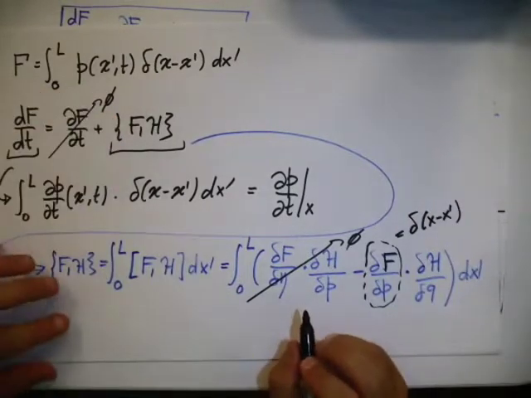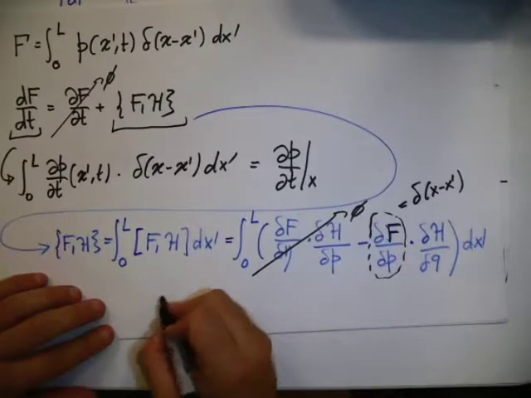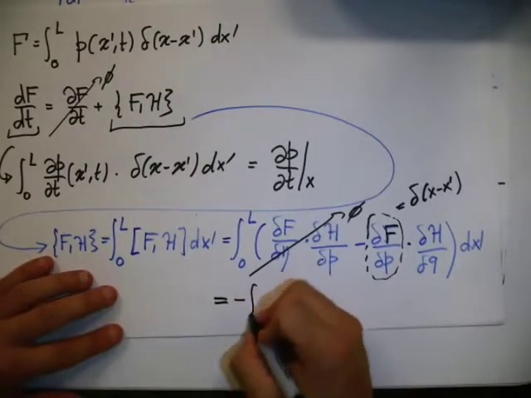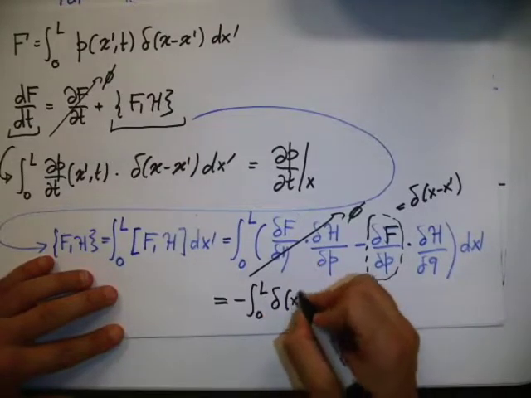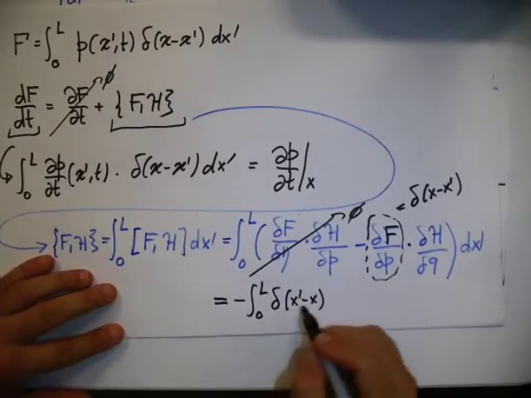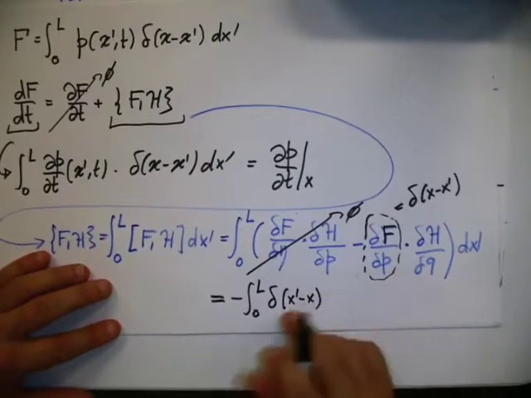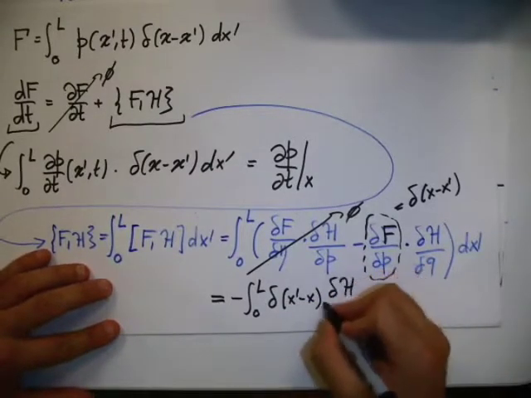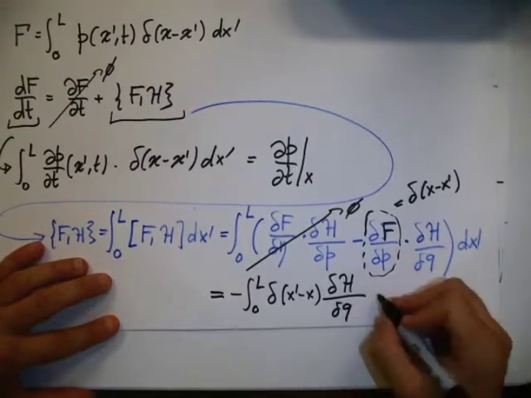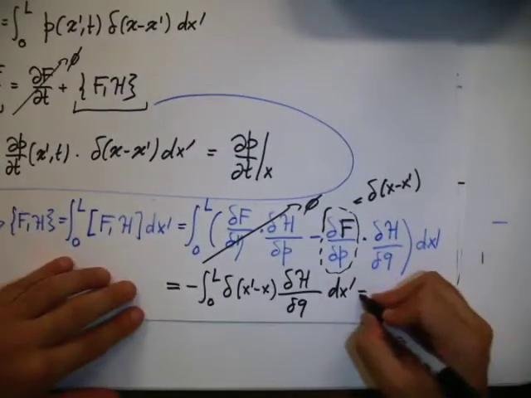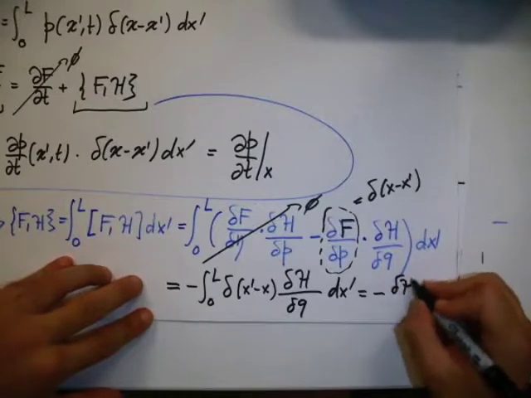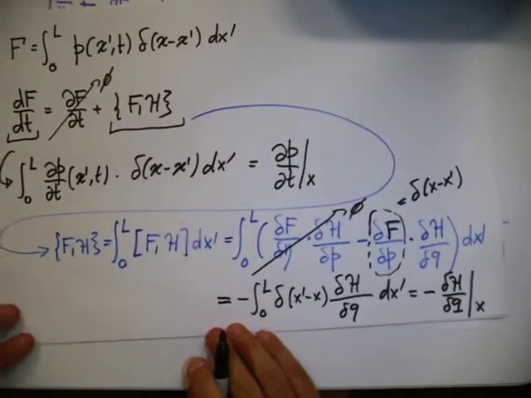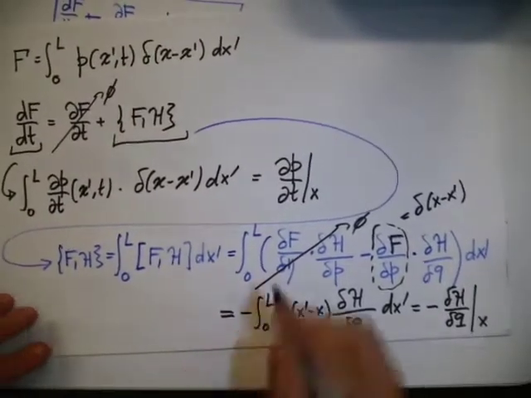Then this result is going to be equal to minus the integral 0 to L of delta of x prime minus x. The delta is symmetric, so I can always change x prime minus x to x minus x prime. Times the variational derivative of h with respect to eta in dx prime, and this is going to be equal to minus the partial of h with respect to eta computed at x. And that's where we prove that dp dt is equal to this.